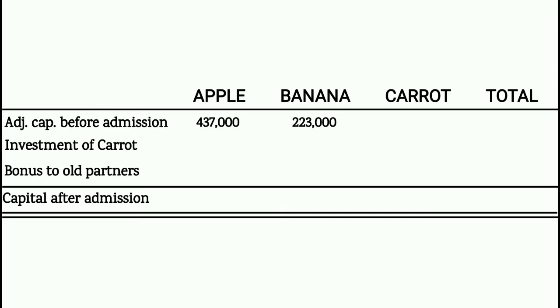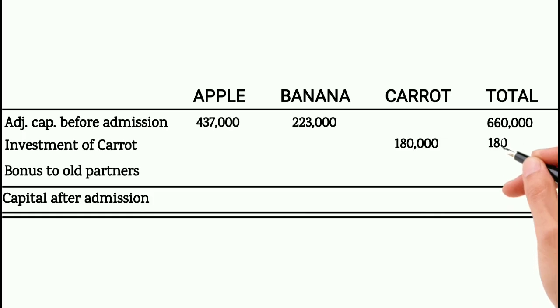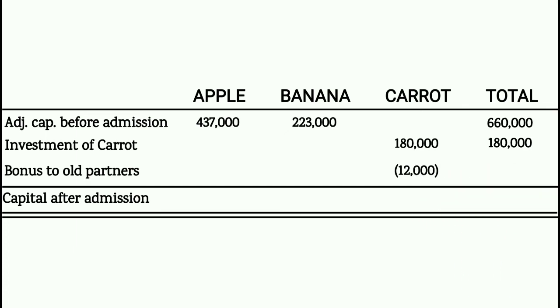All in all, that is equal to 660,000 pesos. May investment si Carrot na 180,000 pesos. Of course, yung bonus to Apple and Banana na 12,000 pesos, that is deducted from the capital of Carrot.